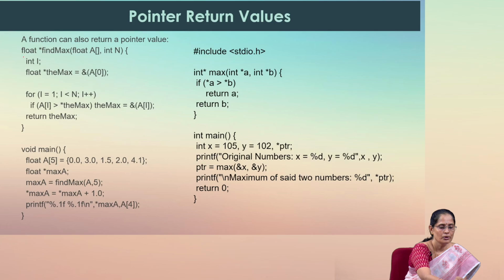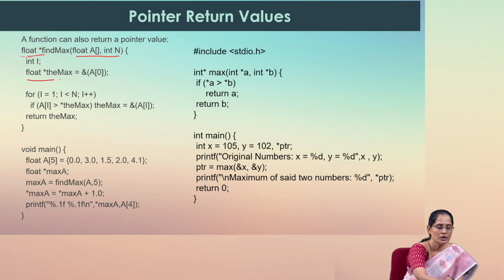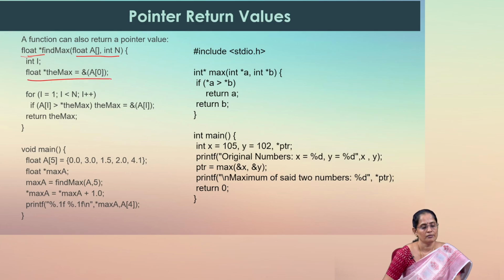Then how to declare the return pointer: float asterisk, here I am giving the asterisk symbol before the function name, and we are passing the float type array and an integer n. Here you can see that I am declaring a float type pointer called asterisk max, which points to the first element of the array.